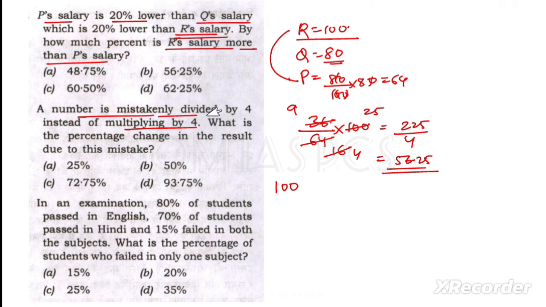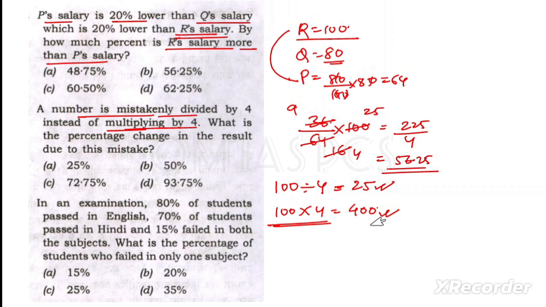It is mistakenly divided by 4, so we get 25, but it should be multiplied by 4, so we should get 400. This should be the correct answer, but we got this answer. So what is the percentage change in the result due to this mistake?